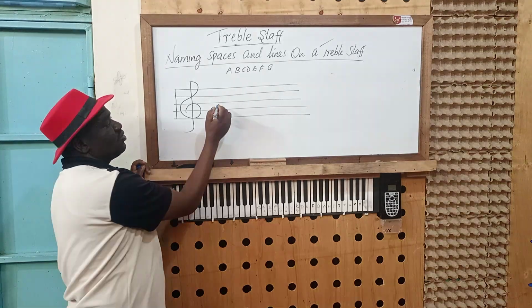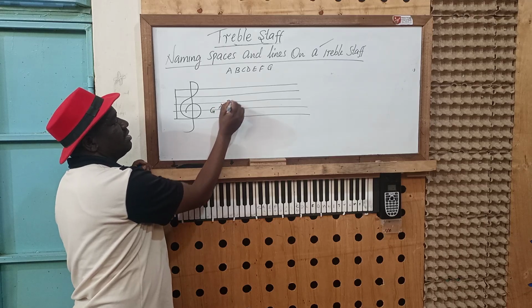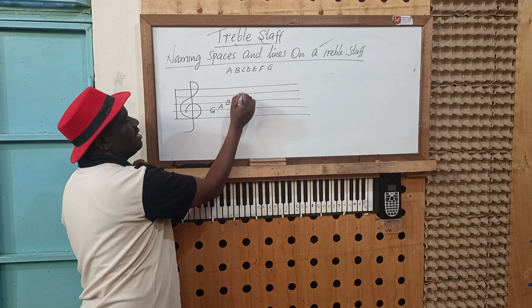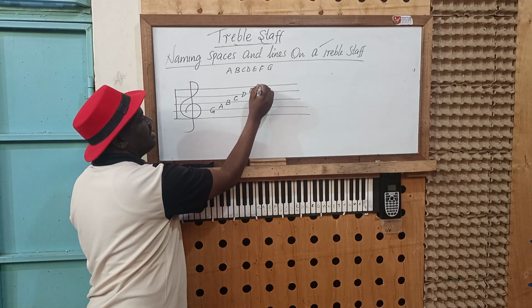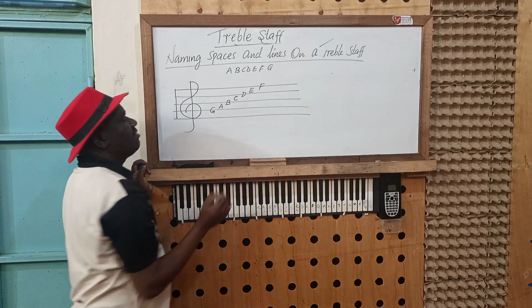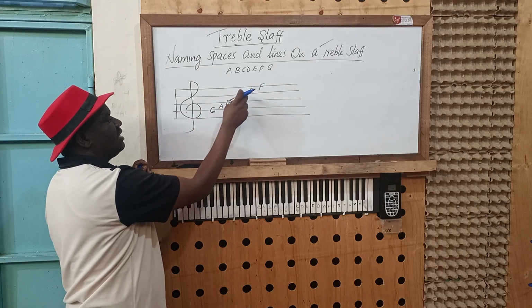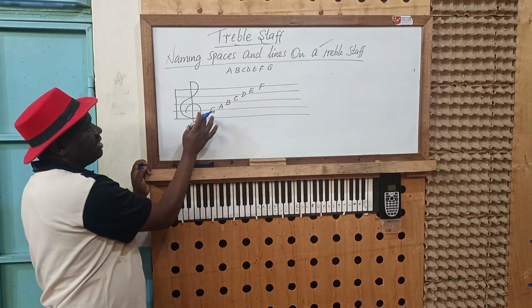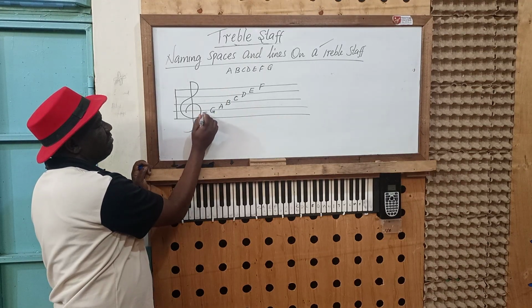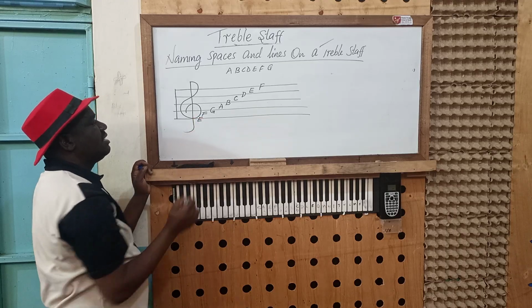It's G. So this space is A. This line is B. This space is C. This line is D. This space is E. And this line is F. So we name line, space, line, space, line, space without skipping those letters. But when we go backwards, this space is F. And the first line is E, like that.